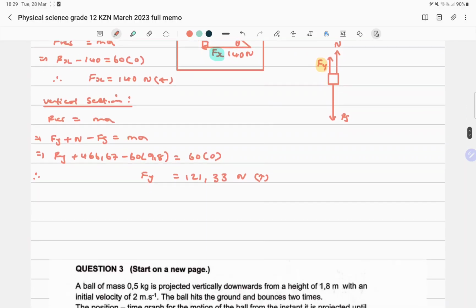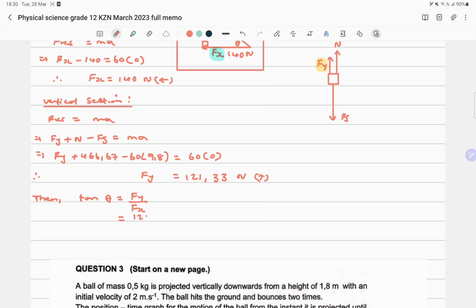So what can we say now? We can say then tan theta is going to be Fy over Fx, is it not? Yeah.